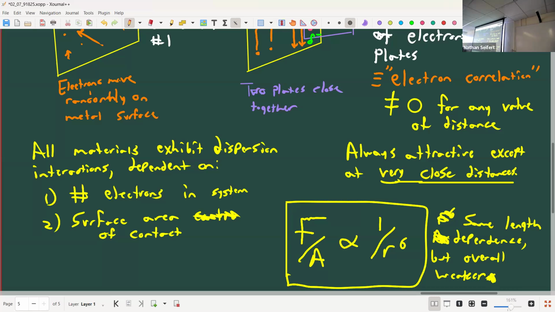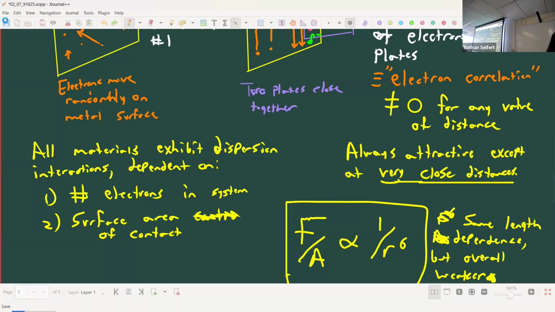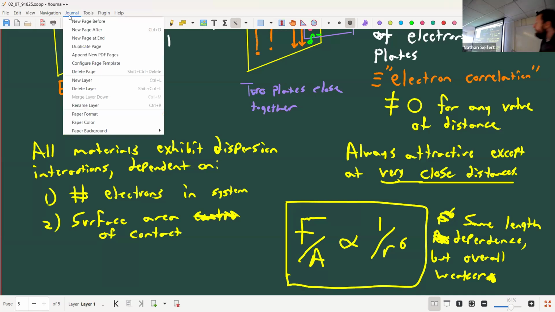Pull out my notes. So I want to talk about the last one. The last one is a repulsive force. And it has no core, it has, in some sense, some relationship to electron correlation, but nothing to do with charges.